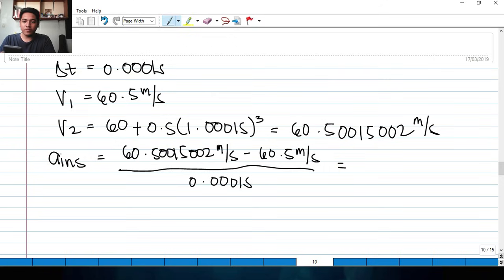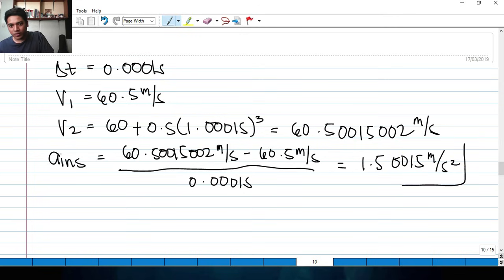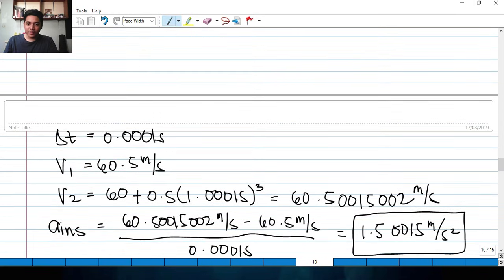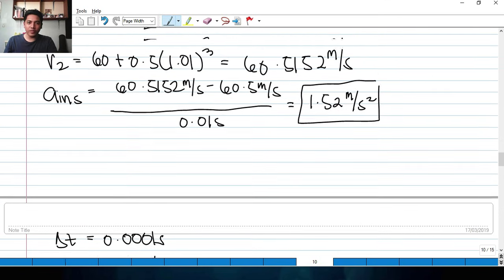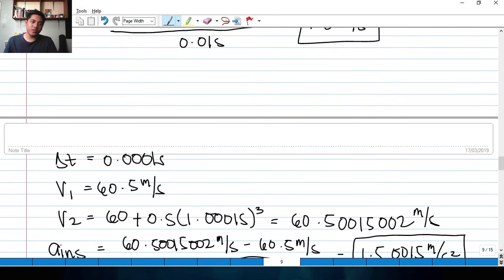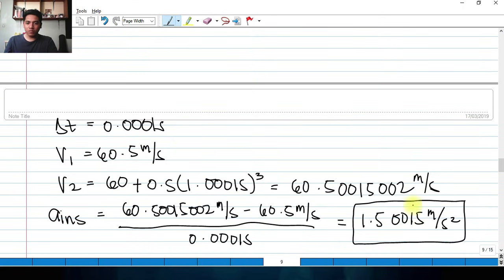That should be 1.5015 meters per second squared. So we have a clue that our instantaneous acceleration should be 1.5. Okay, so approximately, if we round it off, our instantaneous acceleration is 1.5, because as we can see, as delta t approaches 0, the value of instantaneous acceleration also approaches 1.5.